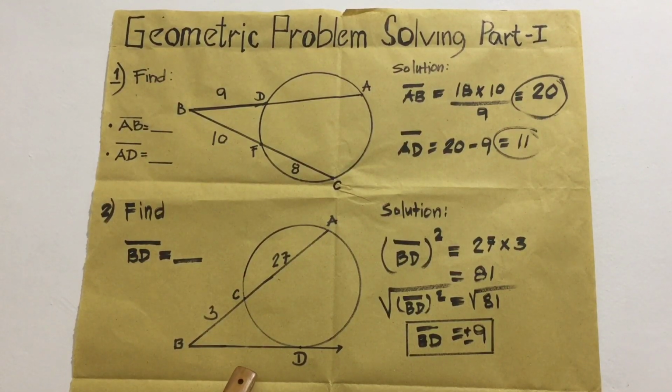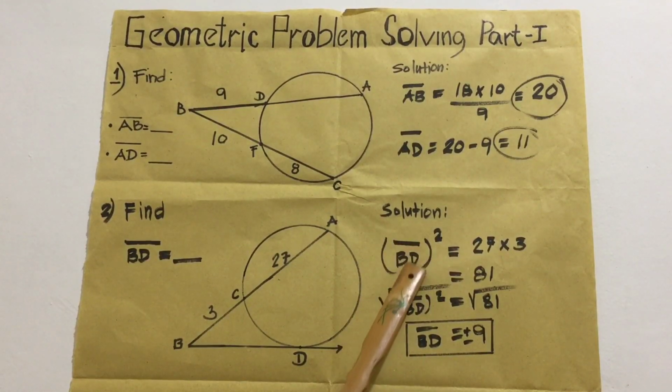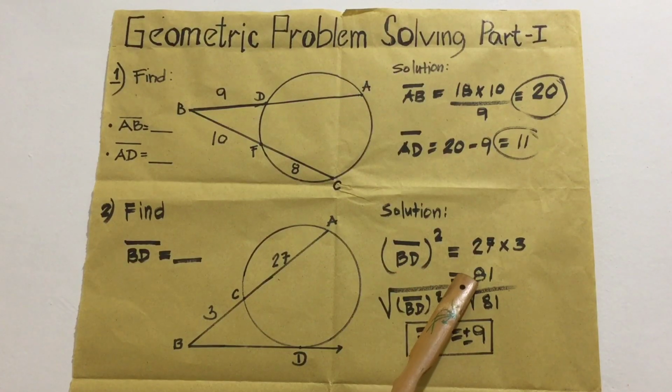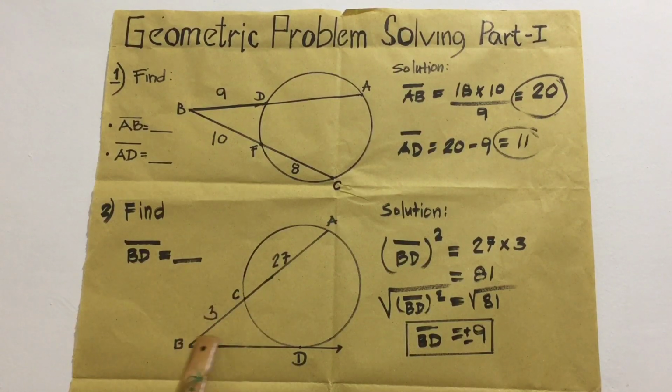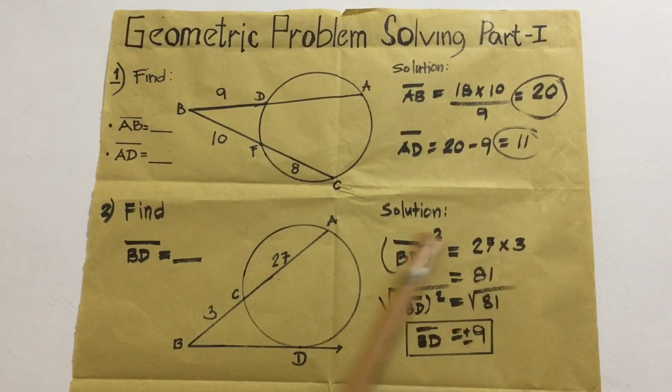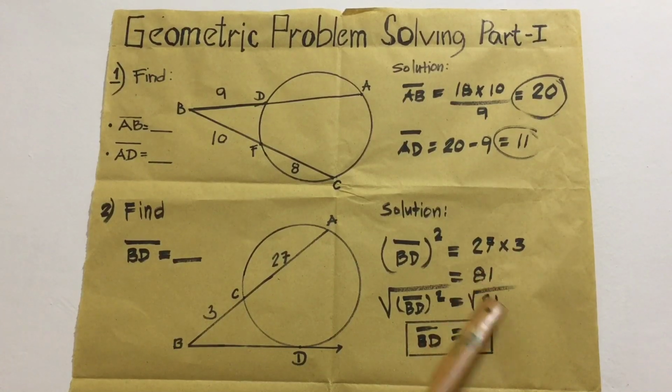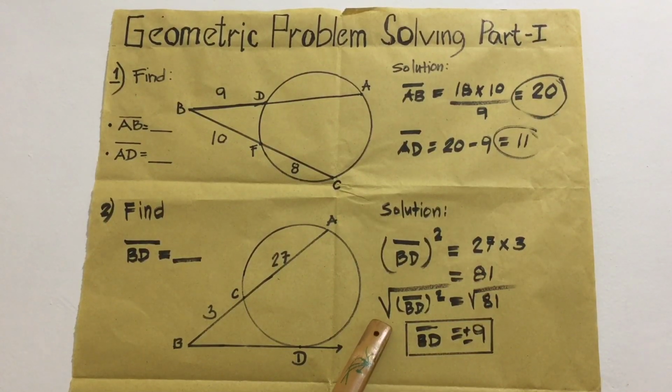Since the given are the secant and the tangent, we have to use the formula: the square of segment BD is equal to the chord times the exterior segment, which is 27 times 3, then equals 81.